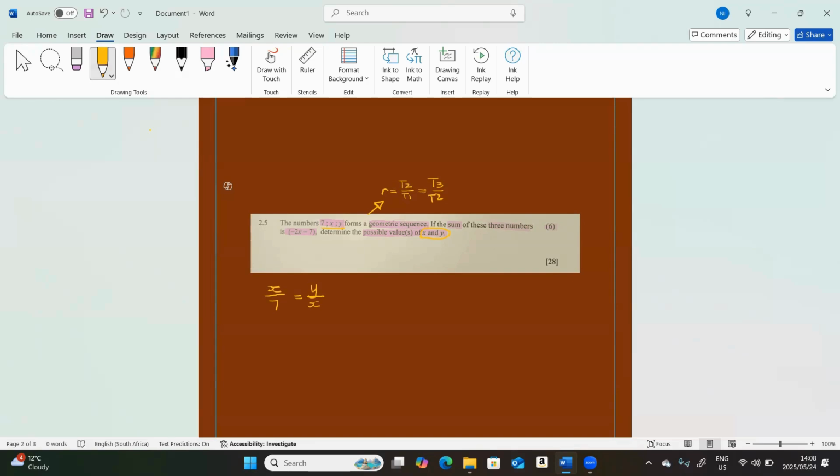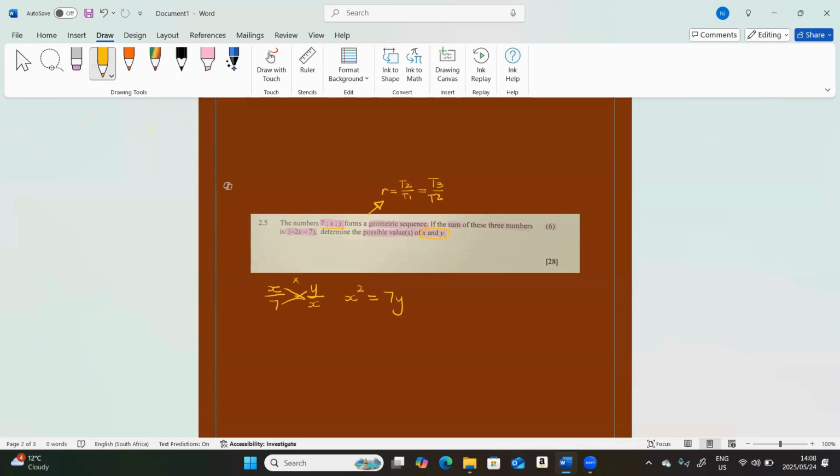So we can go and say that x times x will give me x squared. Okay, then immediately after you have cross multiplied the first numerator and denominator, you write your equal sign, and then you can cross multiply the other way around. 7 times y will give me 7y.